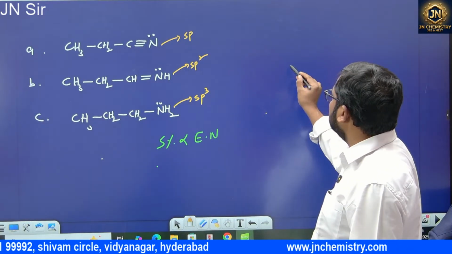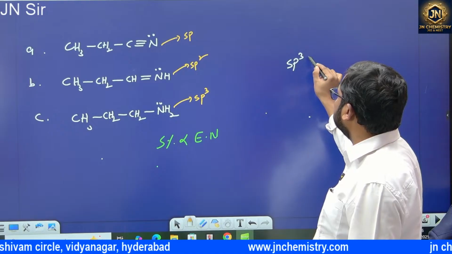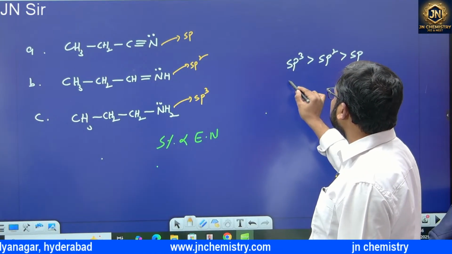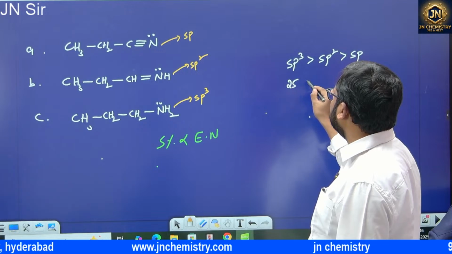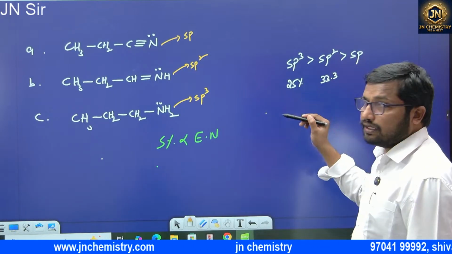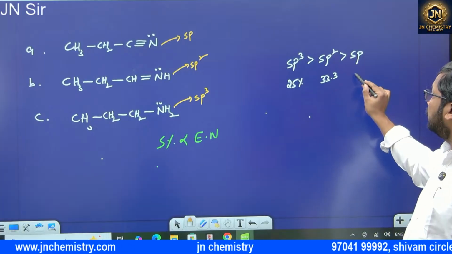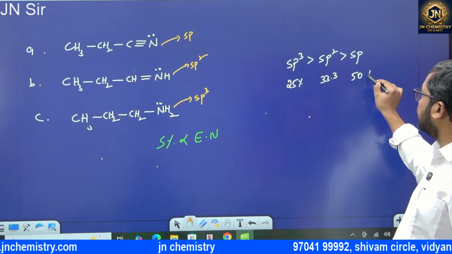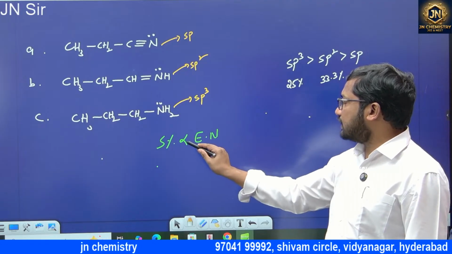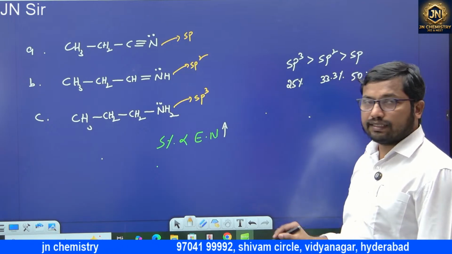So means what? Basic nature: sp3 is greater than sp2 greater than sp, because here is 25% S character, 33.33% S character and 50% S character, right? So as percentage of S character increases, electronegativity increases.